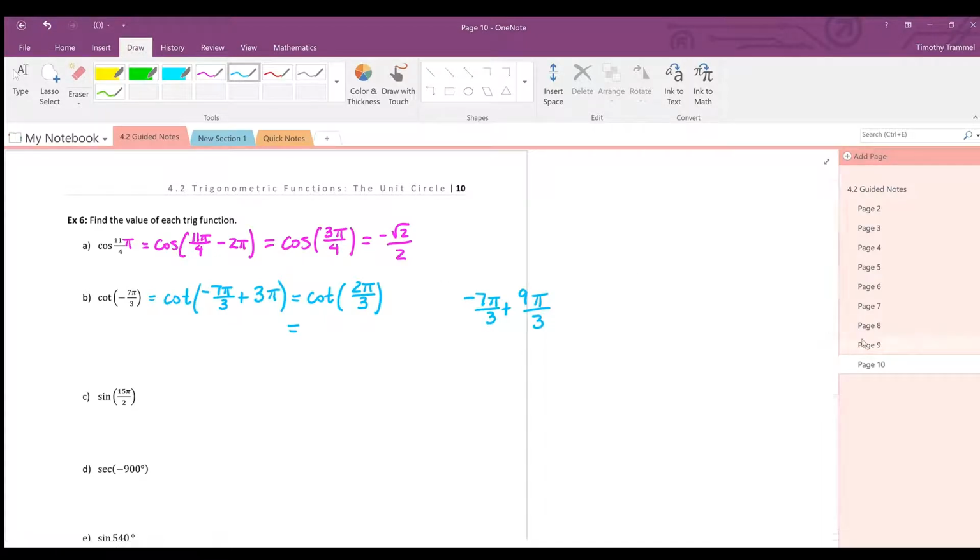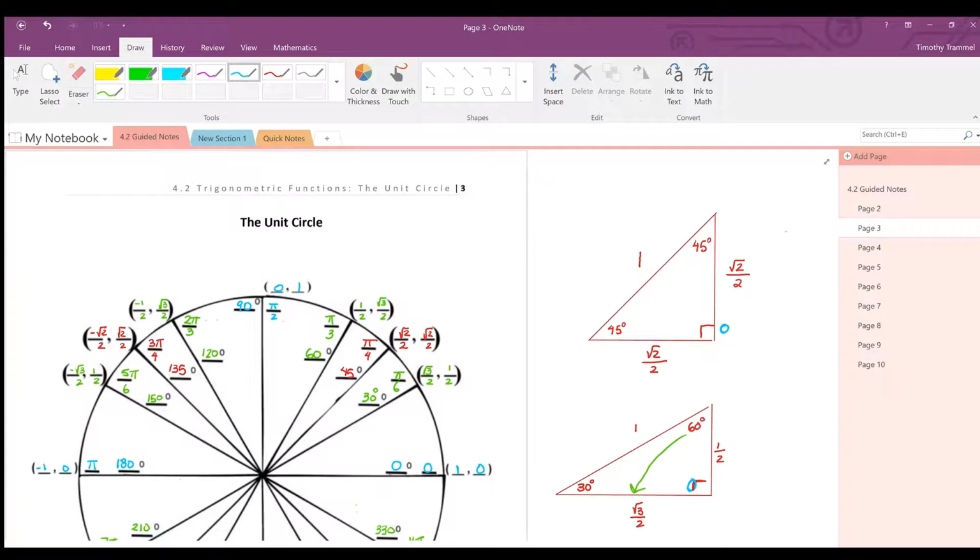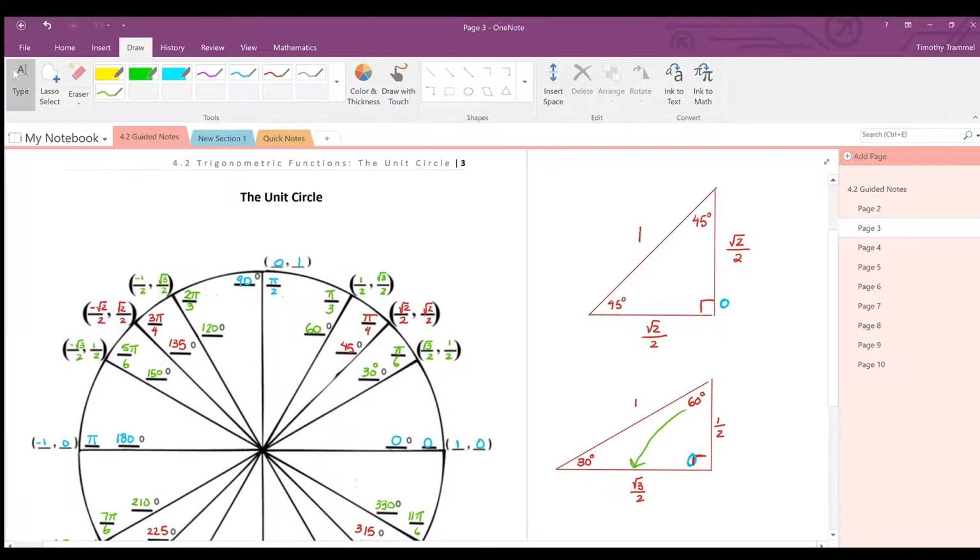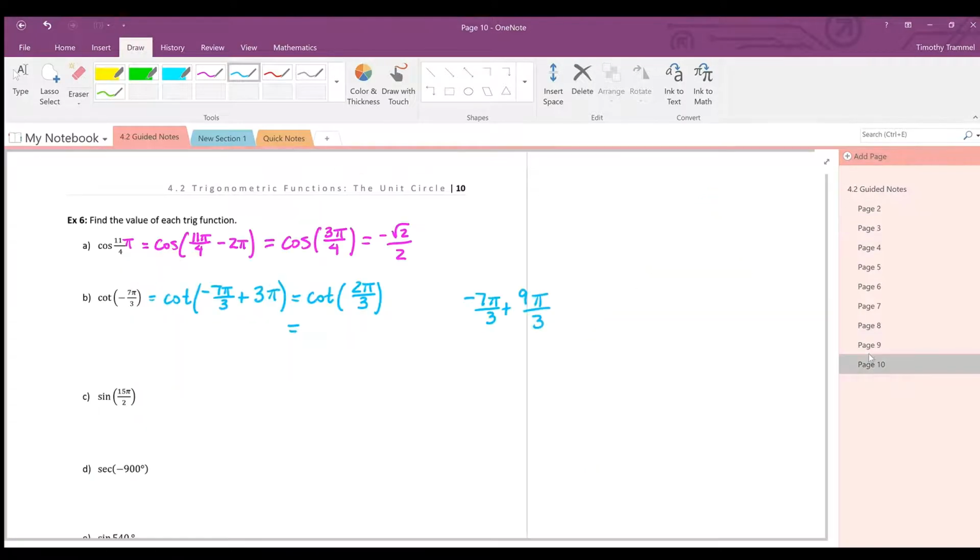So 2 pi over 3. Okay. And here is 2 pi over 3, and we're doing x over y.